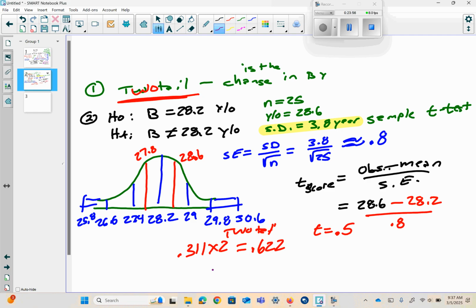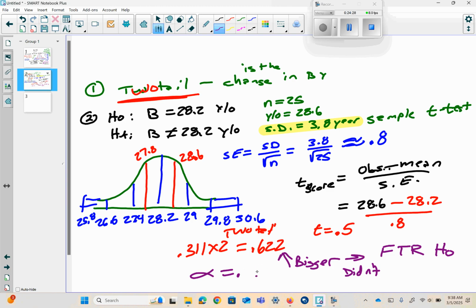All right. We don't have a value to go based on this, so we have to make sure that our alpha is 0.05. Friends, is 0.6 bigger or smaller than 0.05? Bigger. This is bigger. So we what? Fail to reject the null. Oh, thank you very much.